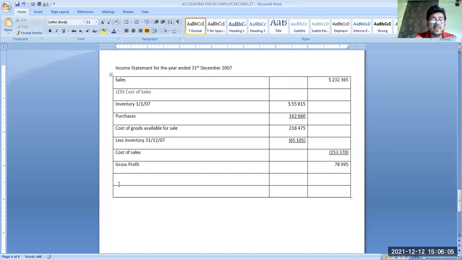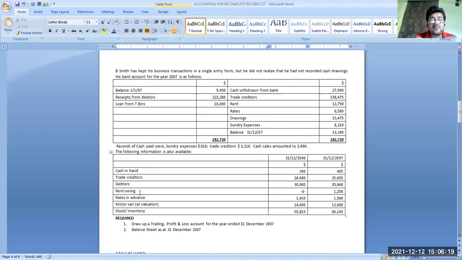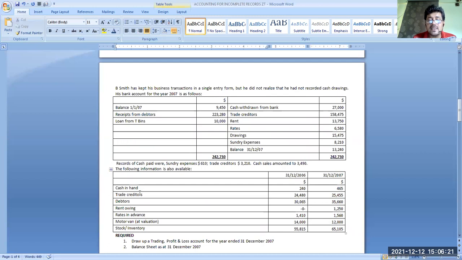Now what do we have to do? We have to give the heading expenses. Now start from rent. Rent is 13,750.